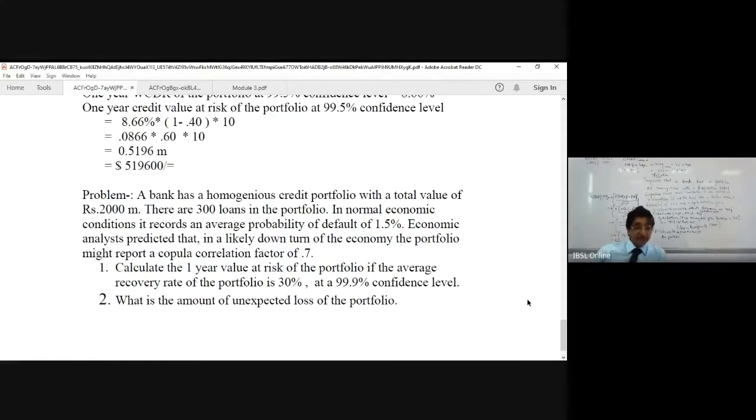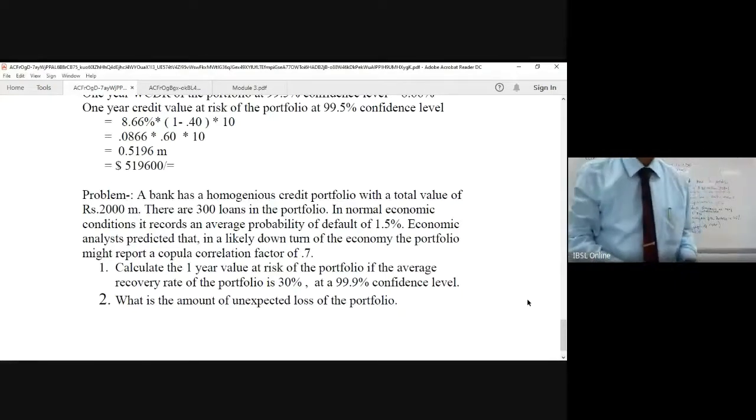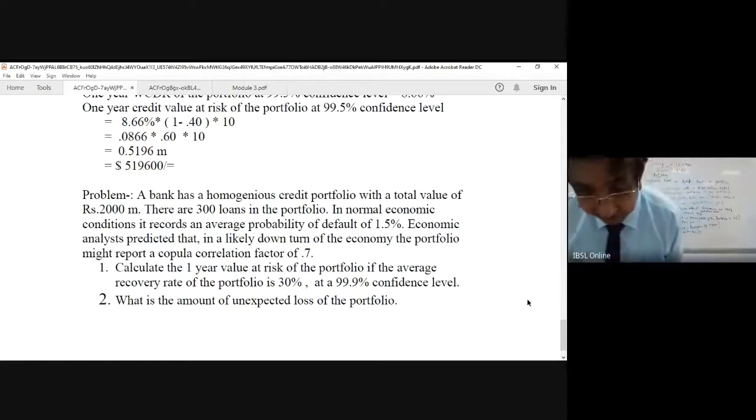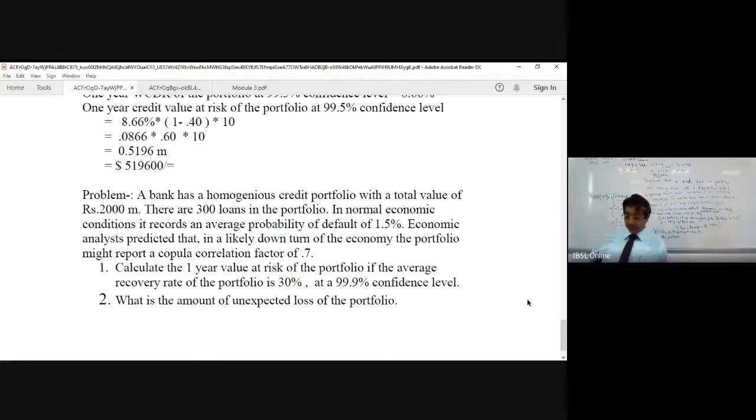Can you calculate that? Worst case default rate? Yes, just do it, and I will give you about 5 to 10 minutes to do that. I'm going slow because I know these things are a little unfamiliar for you, and you need to get familiarity and some skills into your hands.